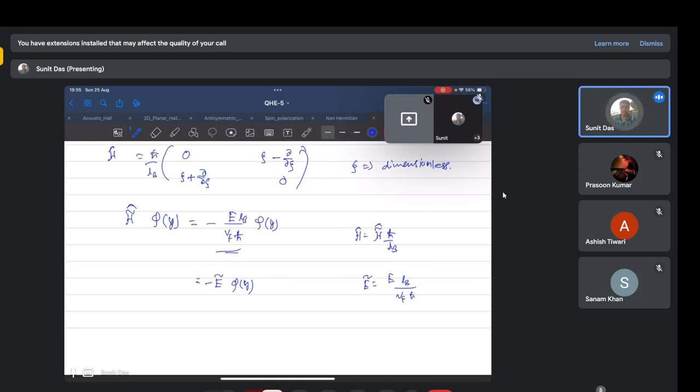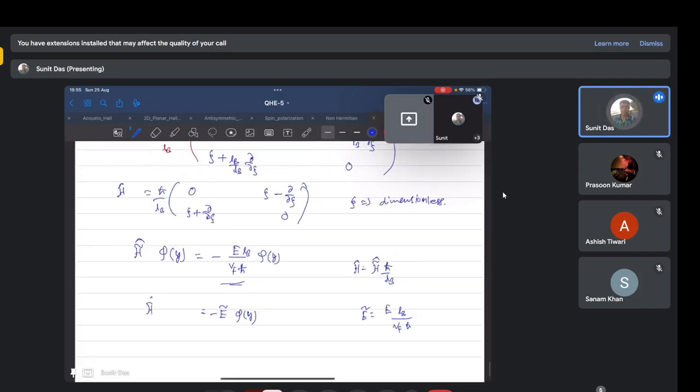So now I want to define some operator. So this is H tilde cap phi of y.